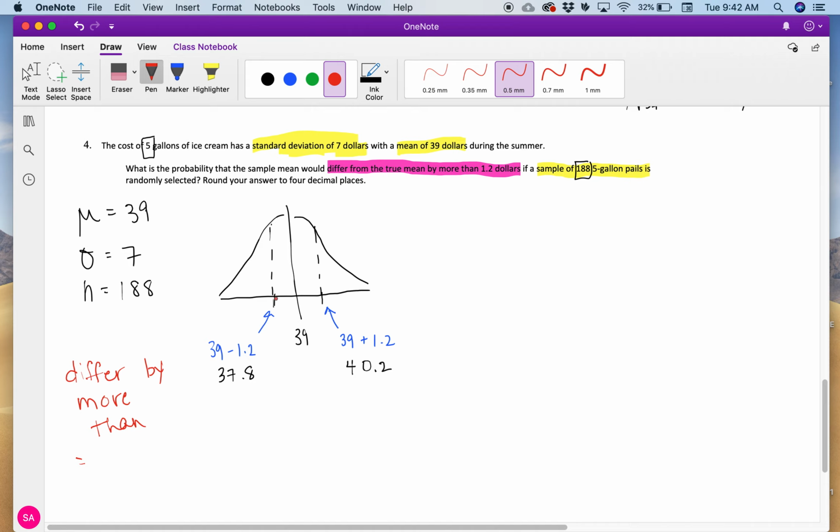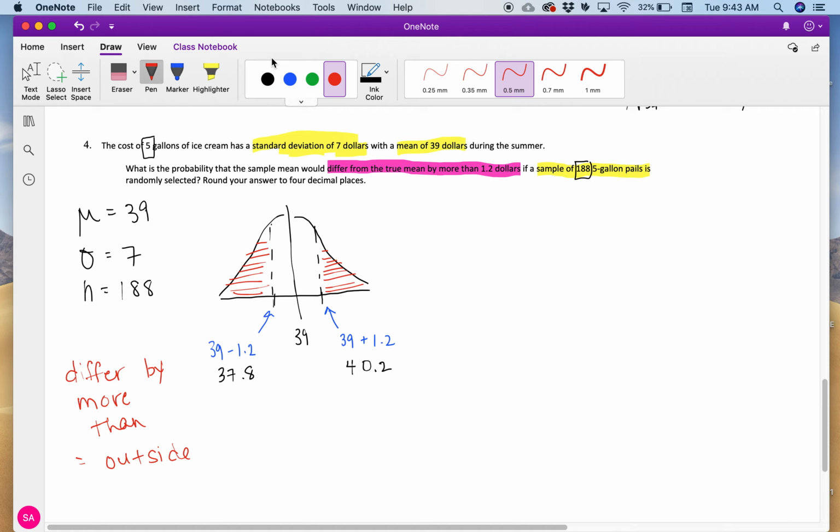So like the difference between these data points and the mean is greater than 1.2. So when we have differ by more than, we are trying to find the areas on the outside of those 2 points. So you're going to be shading in opposite directions. I'm just going to put, down here, outside. Hopefully that makes a little bit more sense. We're not shading in between, we're going outside of those 2 values, to the ends of the curves.